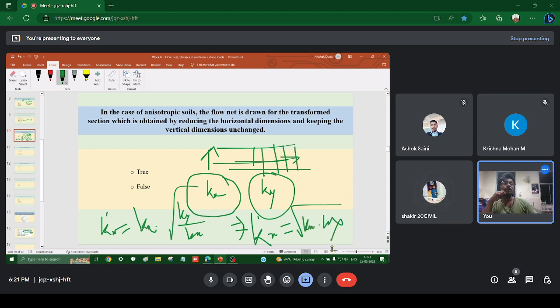So this kx, that is the horizontal dimension, is transformed using this ratio, and the vertical dimension is kept unchanged because we are in the process of calculating the amount of discharge. We don't need the transformed ky actually, right? So this statement is true.